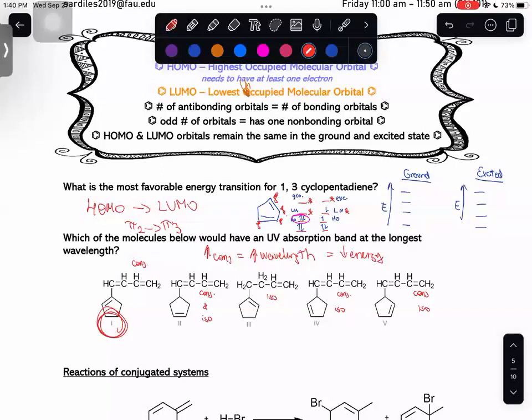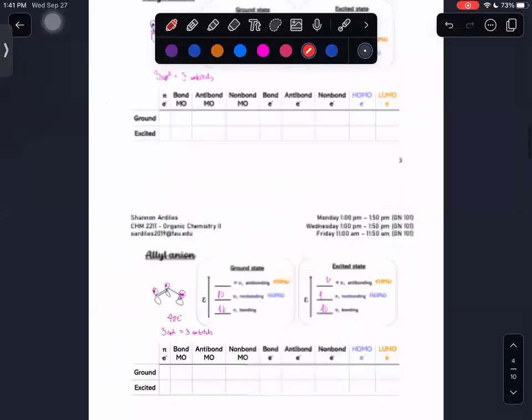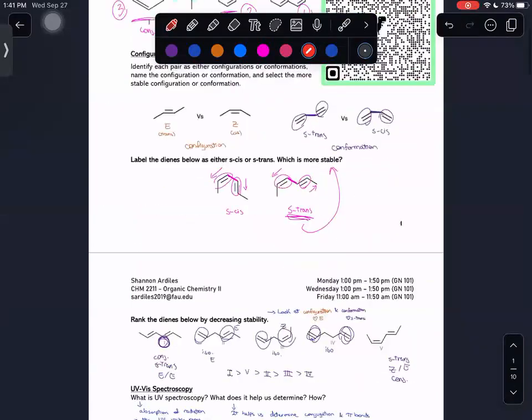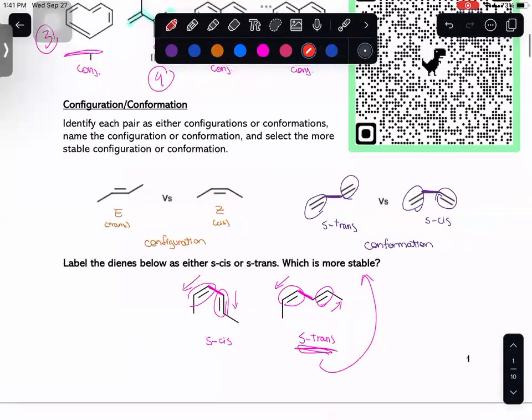What were the terms that we had to use? Exactly. We talked about it in here. Very first page.